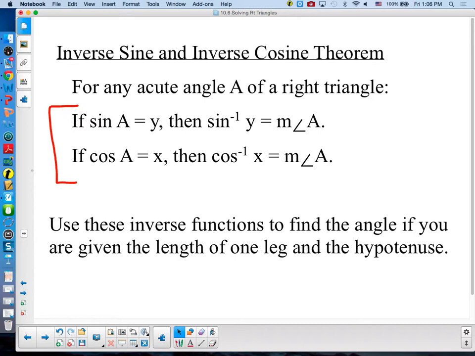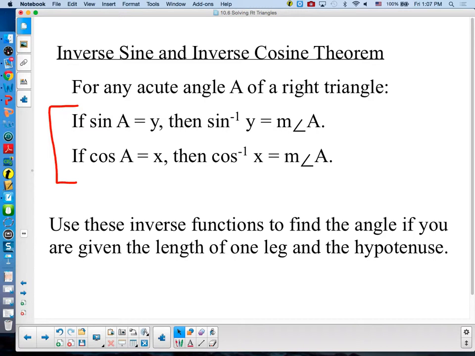All right, if the tangent of angle B is 4.23, I want you to give me the measure of angle B. What do you need to do? Tangent inverse of 4.23, which is, I probably should put approximately because we're most likely rounding.